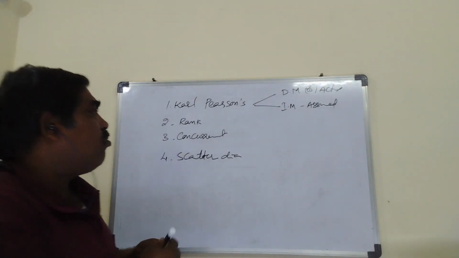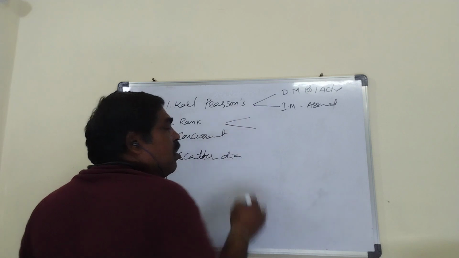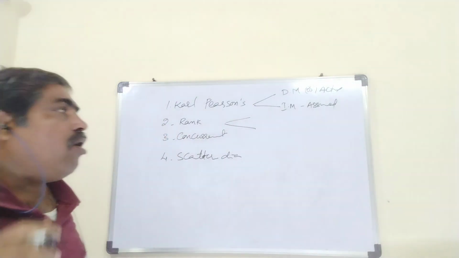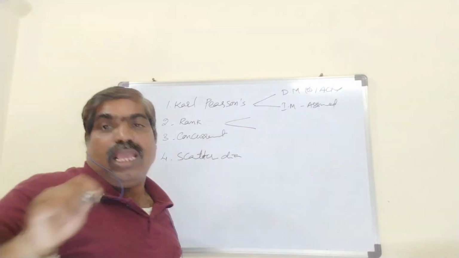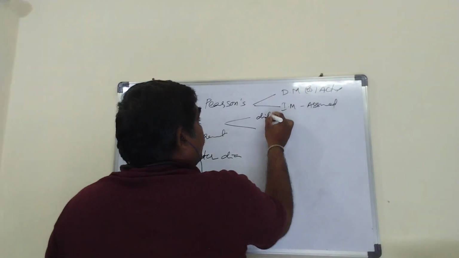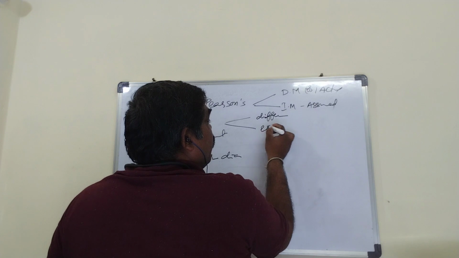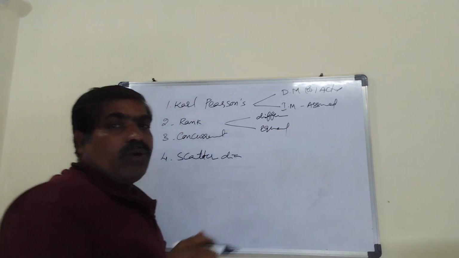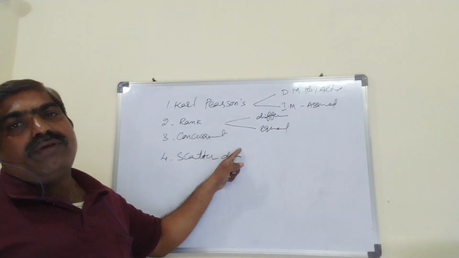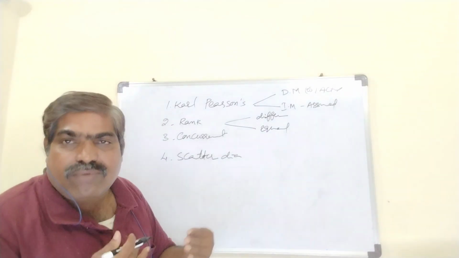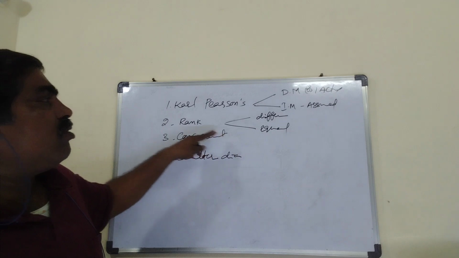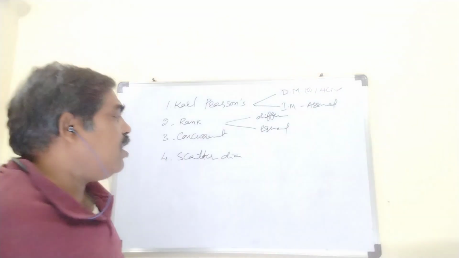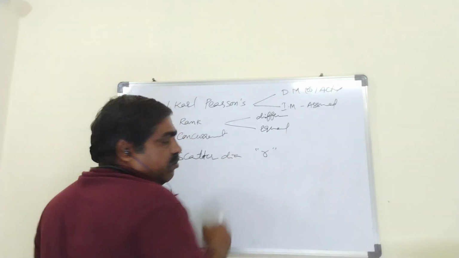Rank correlation also has two categories: one where all ranks are different, and second where some ranks are equal. Under the concurrent deviation method, whatever the observations are, whether they increased or decreased, based on that we find the relation. It is all correlation, denoted by R only, right?